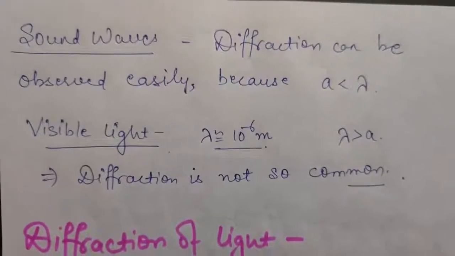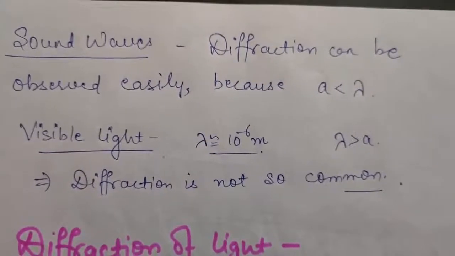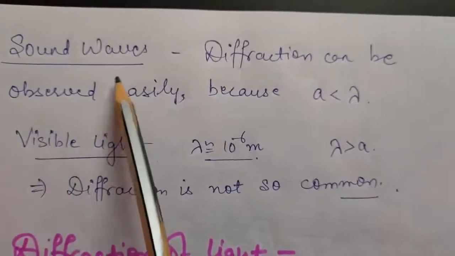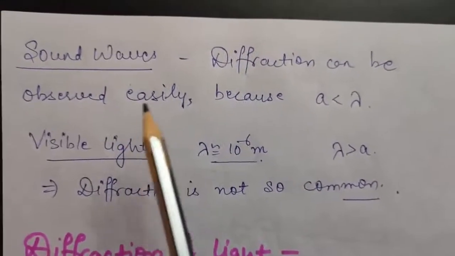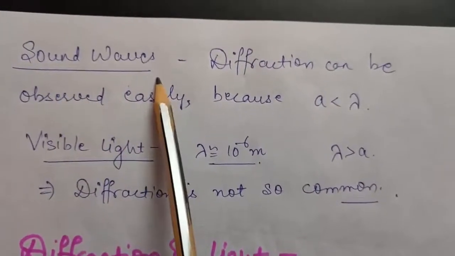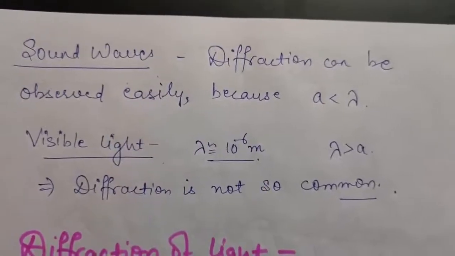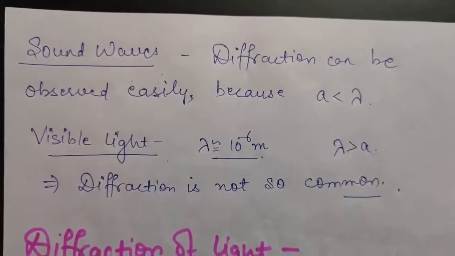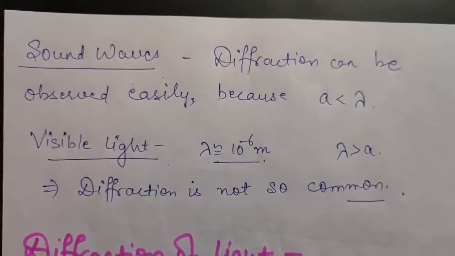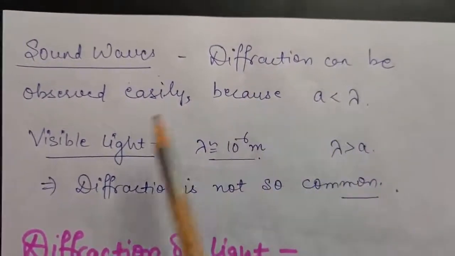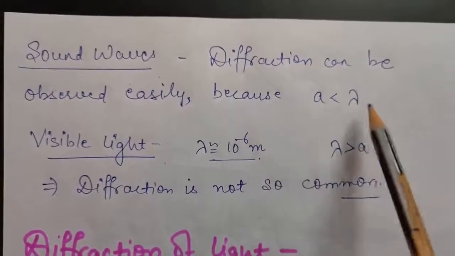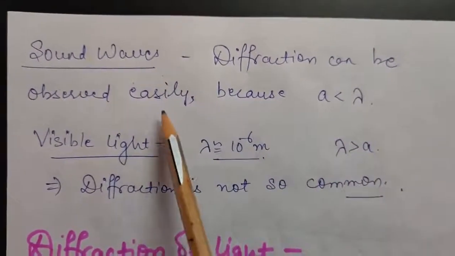If we take two waves, that is sound waves and visible light, in sound waves diffraction can be observed easily, because sound waves have a much larger wavelength, therefore the size of your obstacle or the width of the slit becomes less than the wavelength of the waves. So diffraction can be seen clearly because a is less than lambda in case of sound waves.